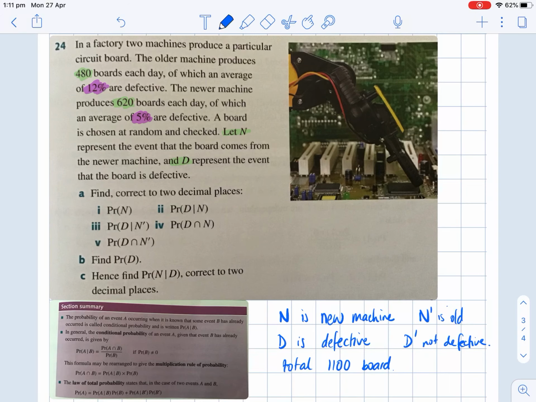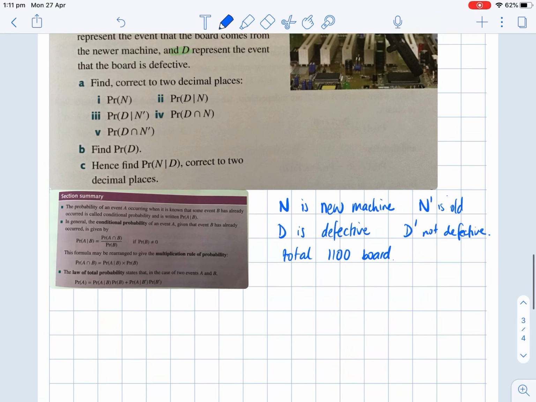So let's start working through the question, and we'll try to do it the shortest way possible, and I'll try to explain some of these rules as we go along. Let's work with the first problem, which is A part 1. A part 1 says find the probability that I choose a board from the new machine.